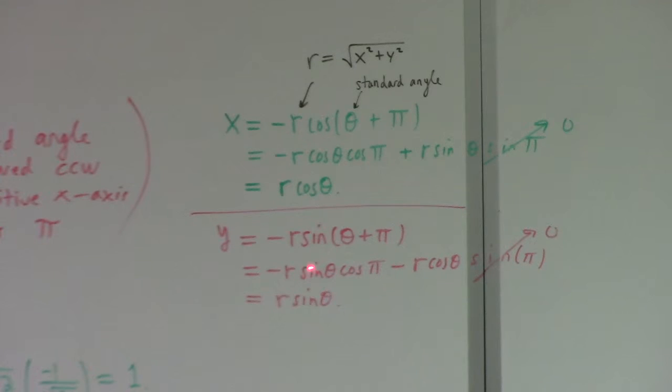Well, adding angles formula pops out a sine theta cosine pi, and again, this is 0 because sine of pi is 0. And so there you're back, y is equal to r sine theta. So you have these competing descriptions for a given Cartesian point, right? You can either use positive radius or negative radius, and you have your choice of standard angle or the non-standard plus pi angle, all right?